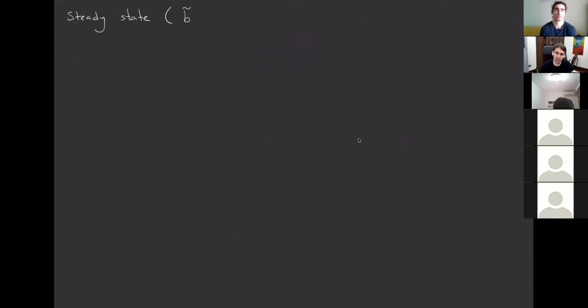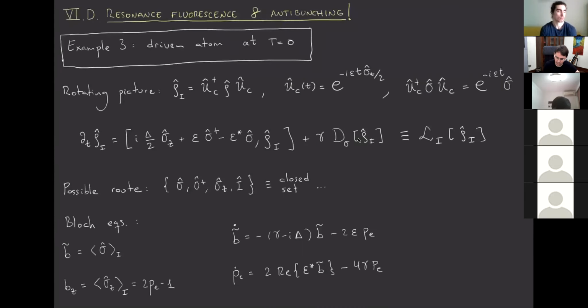So then we only need to ask what is the state that doesn't evolve in time. So we just have to set to 0 the time derivatives. And if we do that, it's automatically trivial. I mean, it's very, very simple. You see that if you set to 0 this time derivative, then you get B as a function of P. And then you plug B as a function of P in here, and you just get an equation for P that you can solve trivially.